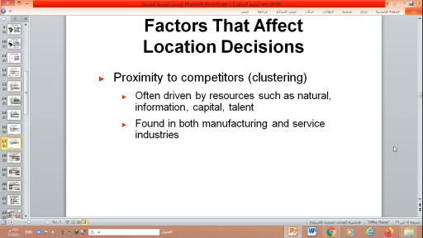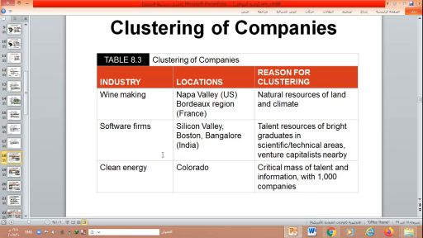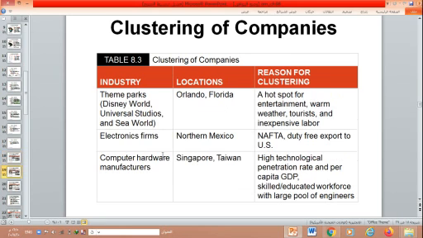So the organizations or competitors are locating beside each other, often driven by resources such as natural resources, information, capital or talent found in both manufacturing and service industries. Okay. These are examples of clustering companies.